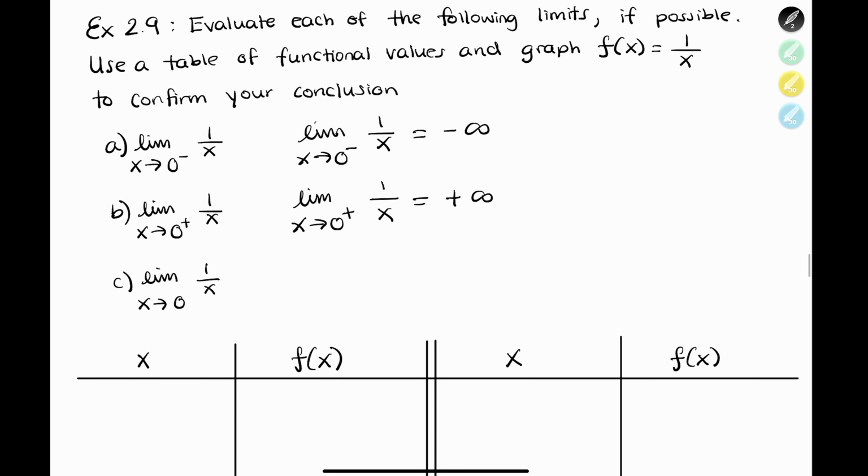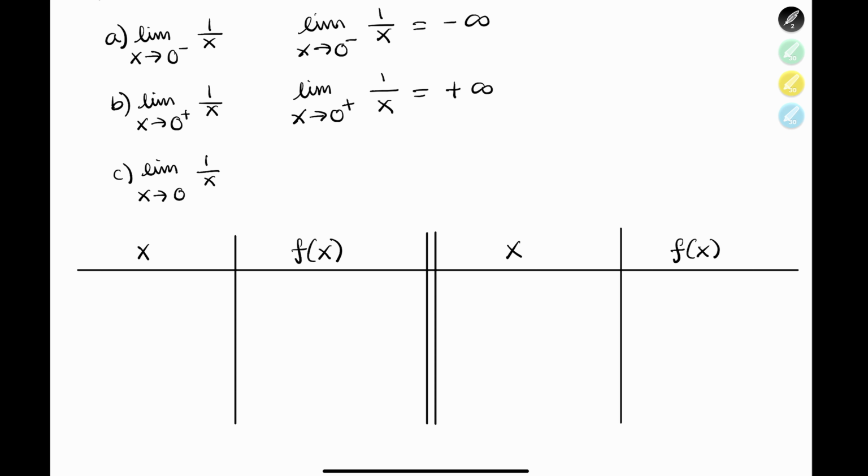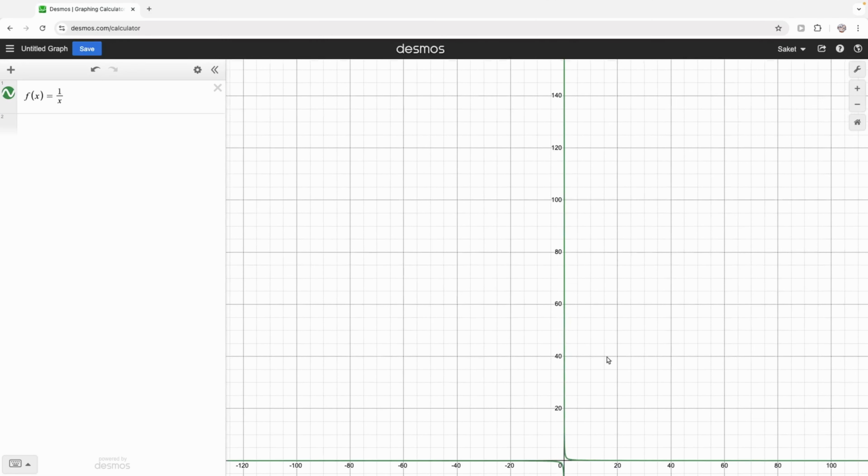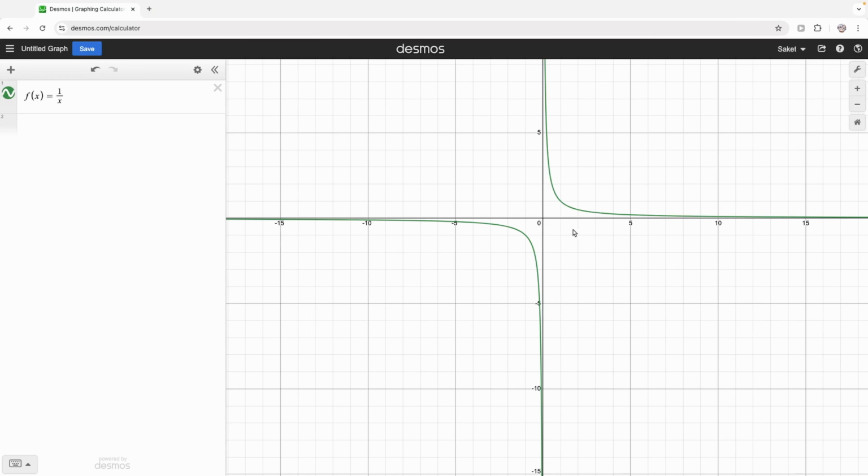And then lastly, for part C, we could use the table of functional values to solve for the limit as x approaches 0 of f of x. So going back to Desmos, let's zoom out and go back to the center again. Let's choose some good x values approaching 0 from the left-hand side. Let's choose negative 0.1, and then we could just keep adding a 0 like we've been doing.